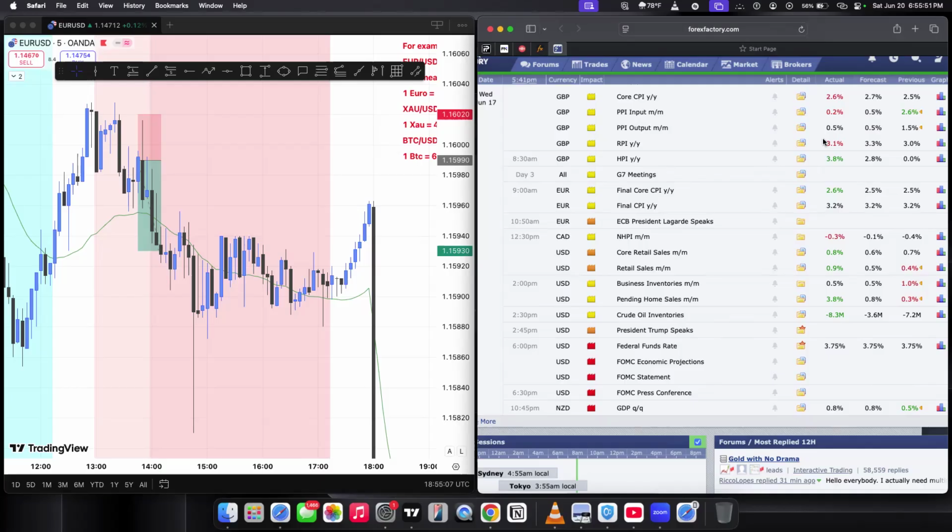If your entry isn't in confluence with the news while you are in the trade, you can either break even or just risk that trade. But if it ends up being in confluence with the trade, you know what to do. You can increase your take profit levels, or based on how you take profits, you can take profit at another level.